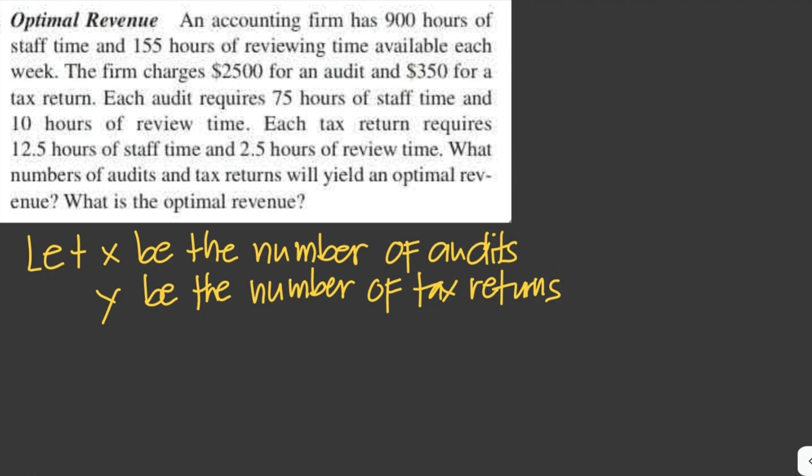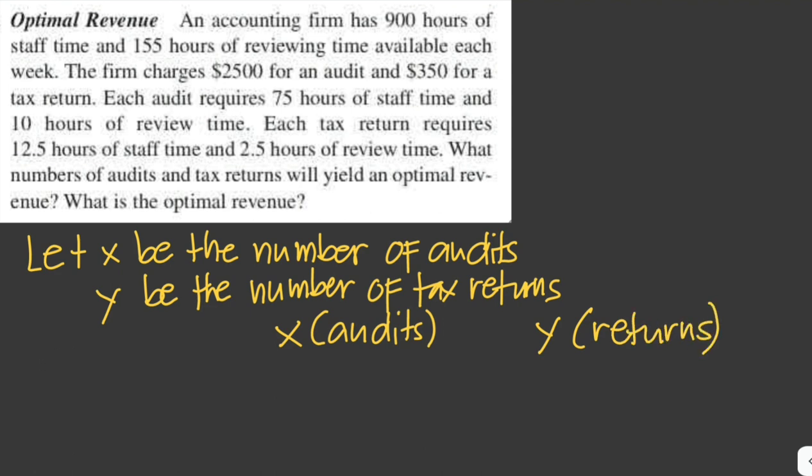Now let's create a table here first so we can write our constraints and the value that will be maximized, or the optimal value, optimal revenue. So we have X for audits and then Y for the returns.